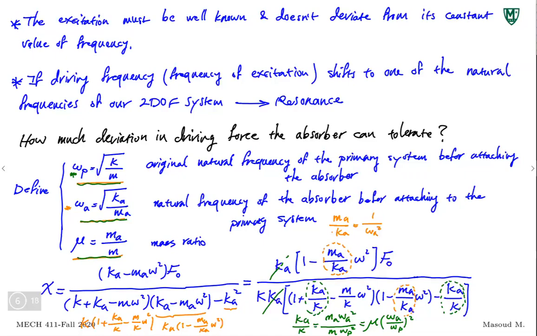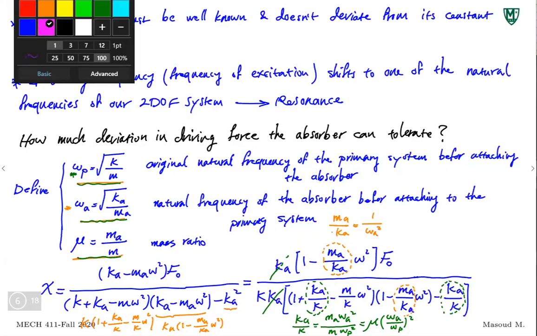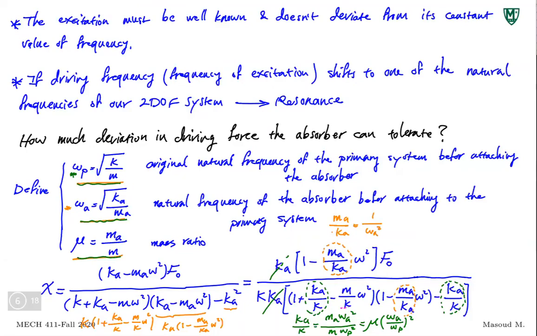And then I have minus m over K omega squared. Now m over K, I can just write it the same way I wrote ma over Ka. Right? m over K would be 1 over omega p squared.